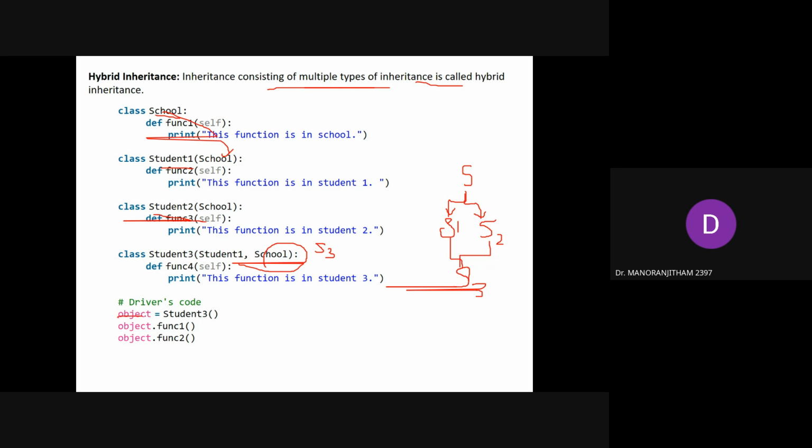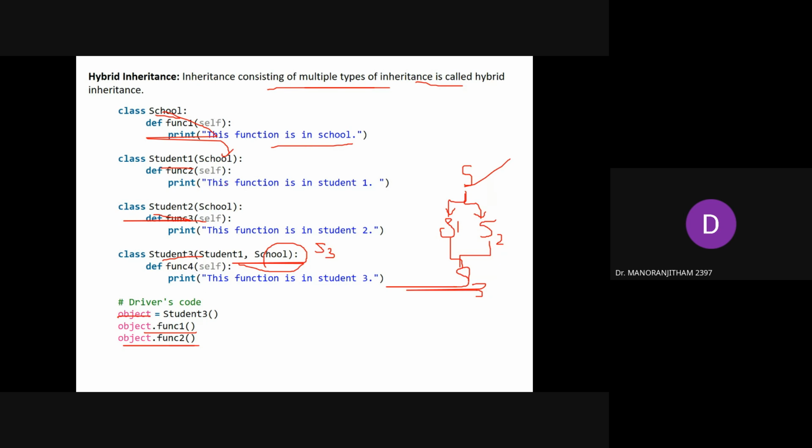Now an object is created for Student 3, and object dot function 1. Here I can call this one because the school is derived: S3 is derived from S1, so I can use the methods which are in the school also. So we call this function, which is in School, and again function 2 with the same object.